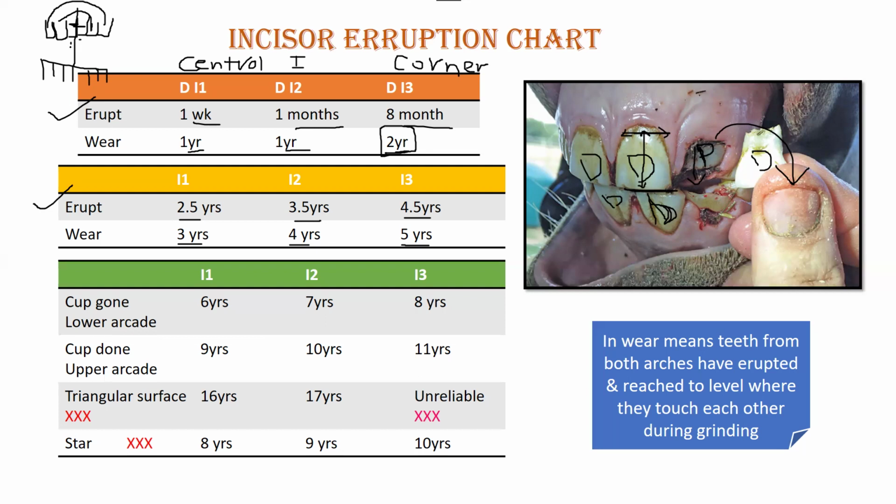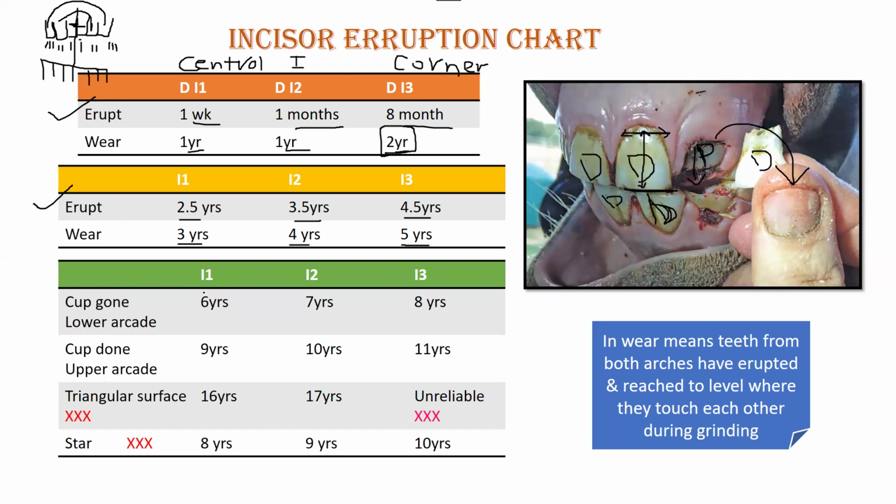Or you can say incisor 1 on this side, incisor 1 of the left side, incisor 2 of the right side, incisor 2 of the left side, incisor 3 of the right side, and this is incisor 3 of the left side. So that's how. And I hope you are not more confused. You can understand these terms are used interchangeably.